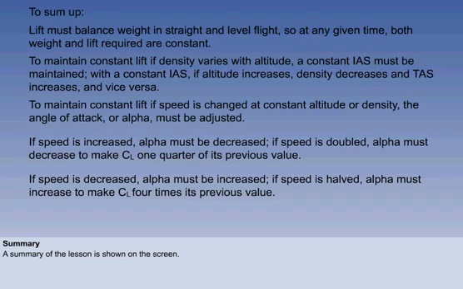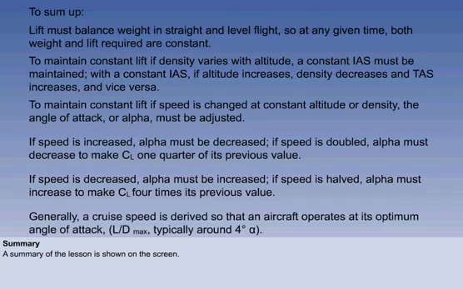If speed is decreased, alpha must be increased. If speed is halved, alpha must increase to make CL 4 times its previous value. Generally, a cruise speed is derived so that an aircraft operates at its optimum angle of attack, with maximum lift-drag ratio, typically around 4 degrees.